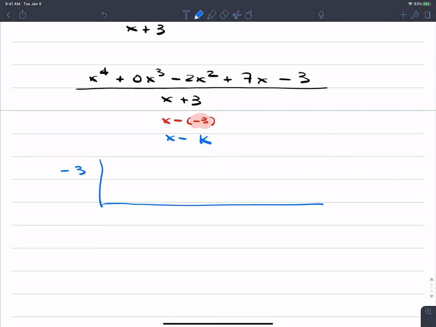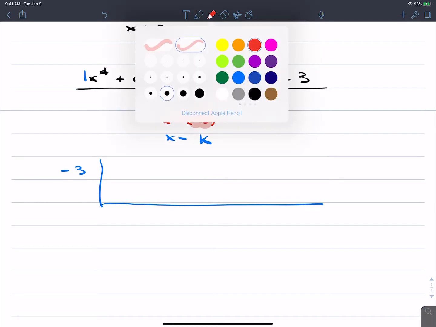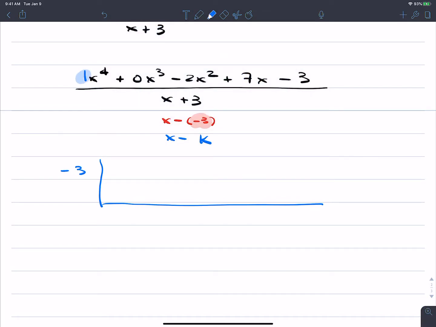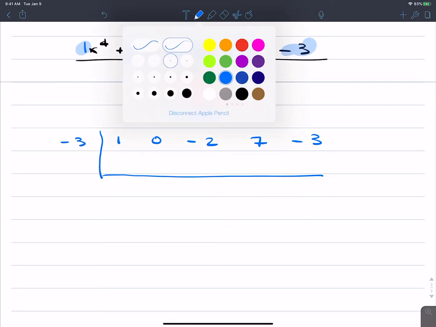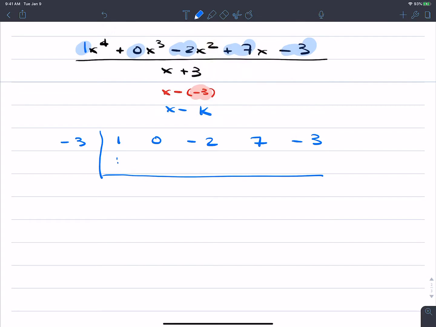And we're going to bring down all our coefficients. There wasn't a 1, so we put 1 there. We got 1, 0, negative 2, positive 7, and negative 3. We're going to bring down the 1.